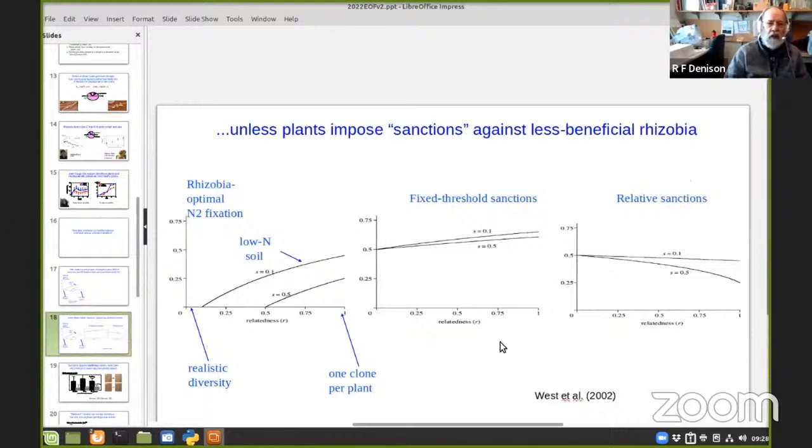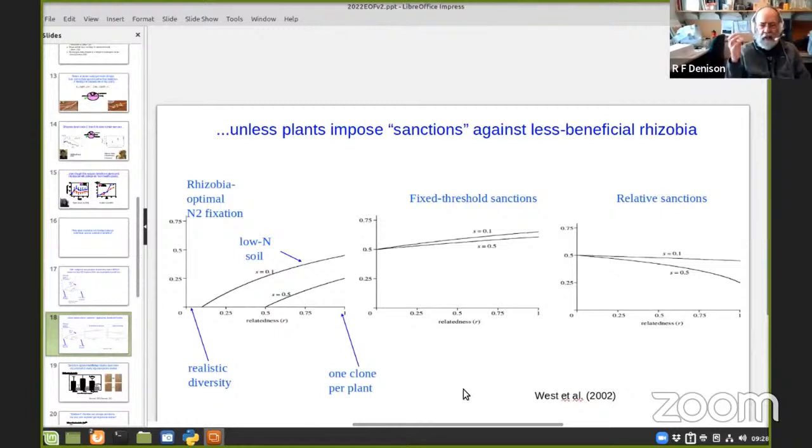And under both of those versions, whatever relatedness you had among these bacteria, whether you had one strain or many, and whether you had high or low soil nitrogen, the bacteria that put about half of their energy into helping the plant, those were the ones that were most successful over the course of evolution.